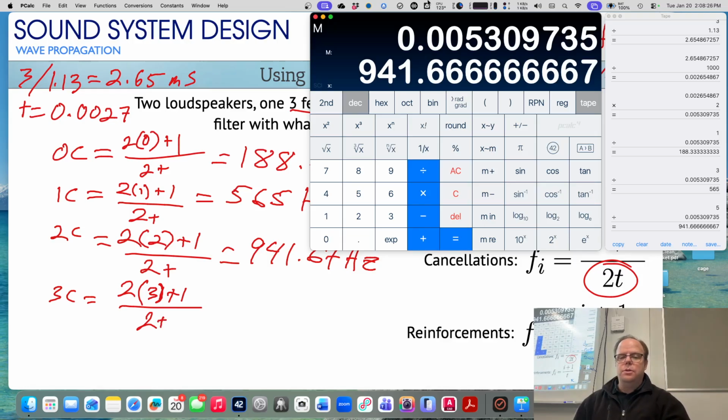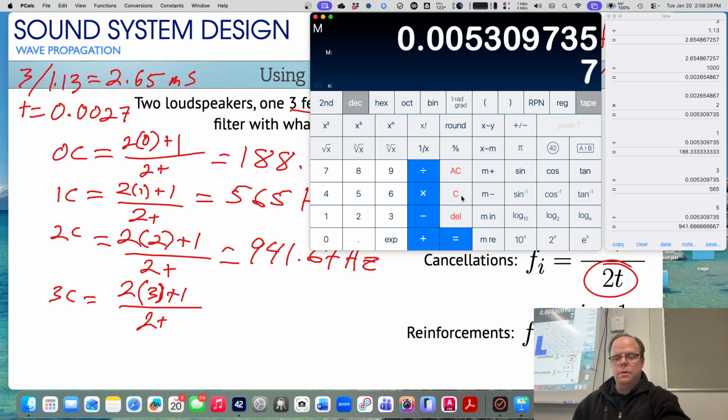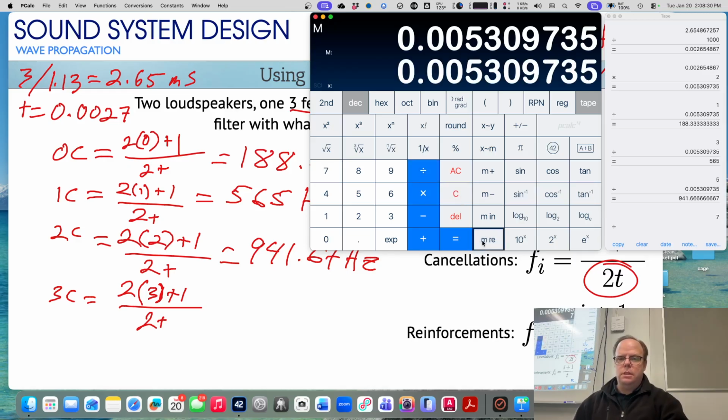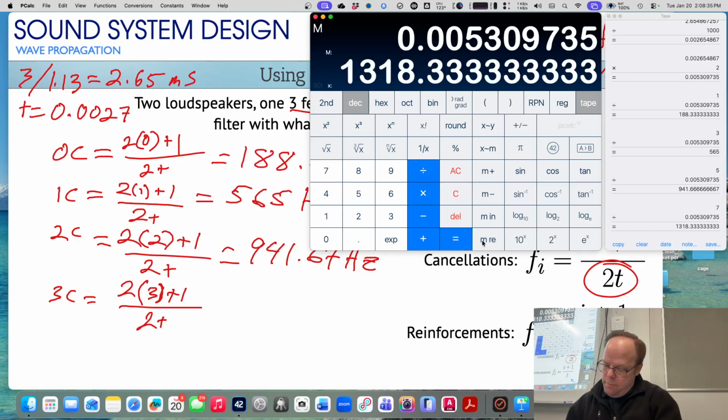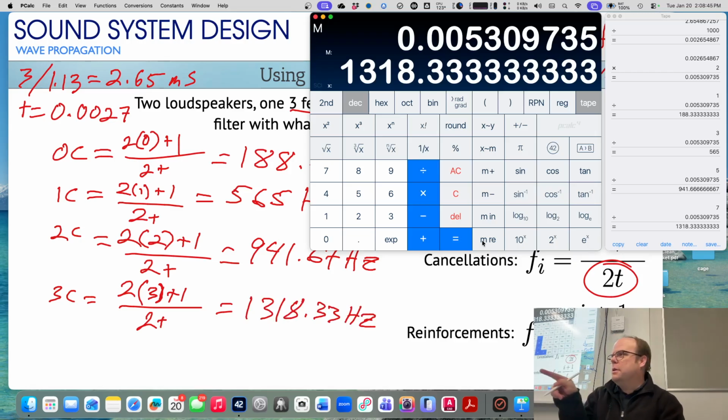So we're going to do 7 divided by 2 times t, which is 0.0053. And I got 1,318.33 hertz. Yeah? Brooke got that. Anybody else get that? Yeah, close enough. I'm not getting the 3 repeating, but what did you get?